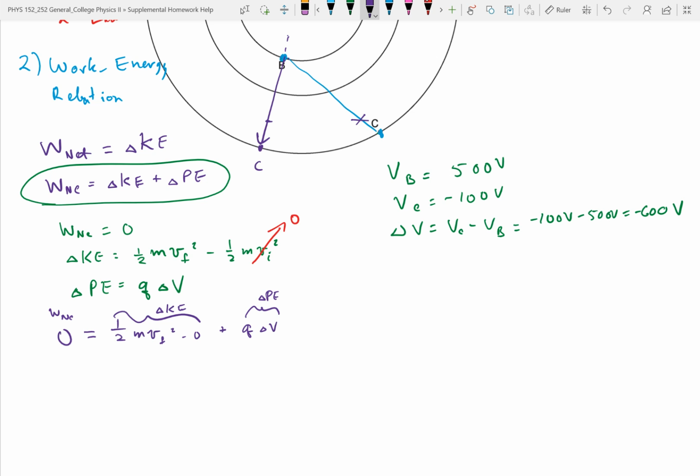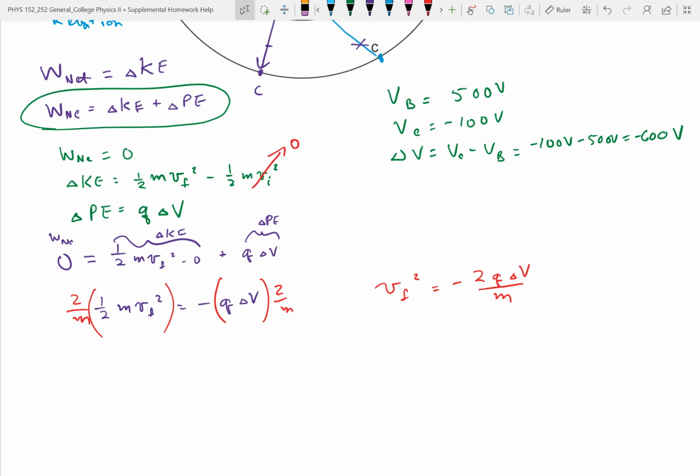We're solving for v final, so let us move the q delta V to the other side of the equal sign. 1/2 m v final squared equals minus q delta V. And then let's multiply everything by 2/m. That gives me v final squared is equal to minus 2q delta V over m.